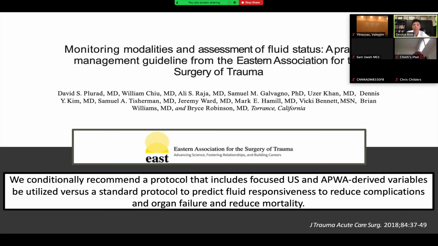And we looked at the utility of ultrasound as well as pulse pressure variability in a recent EAST PMG. And essentially, when we looked at both focused ultrasound and arterial pressure waveform analysis, we gave the conditional recommendation that this should be used to assess fluid responsiveness in order to decrease complications and organ failure, and not so much mortality.